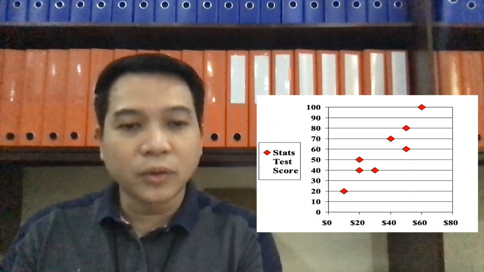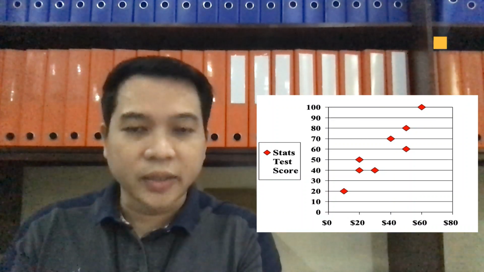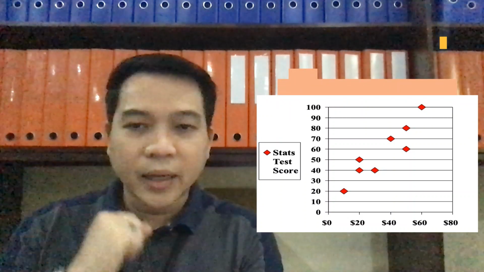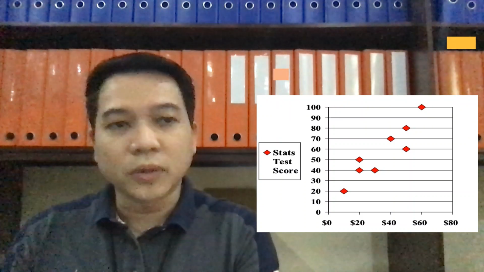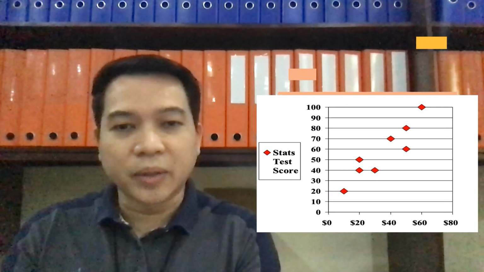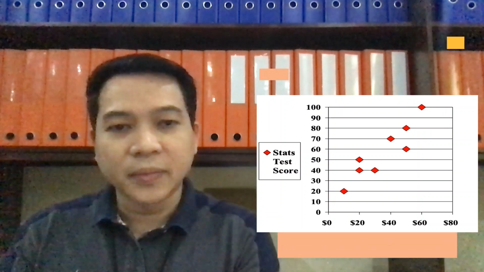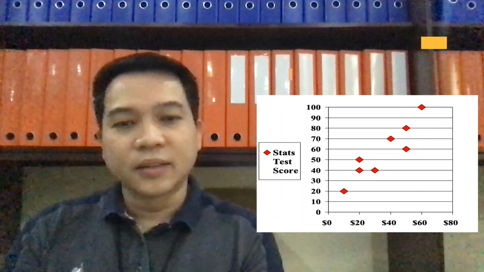And then as it goes to the higher score, the incentive also goes higher. So you have here a direct relation. Actually, I will call this a positive relation between the two variables we're talking about. So you'll see here that there's a pattern, a linear pattern between the two variables. Okay.